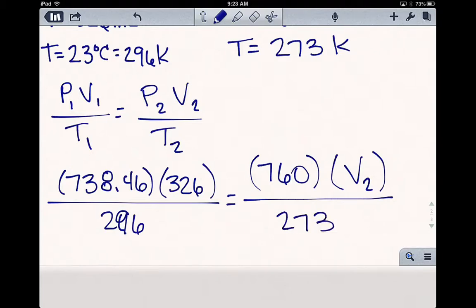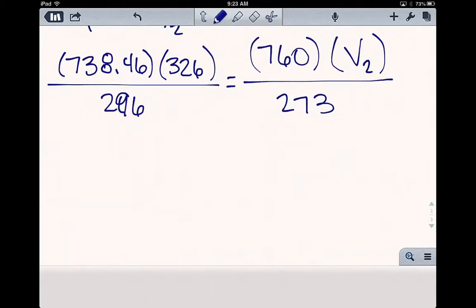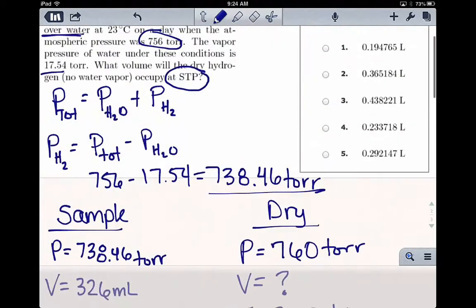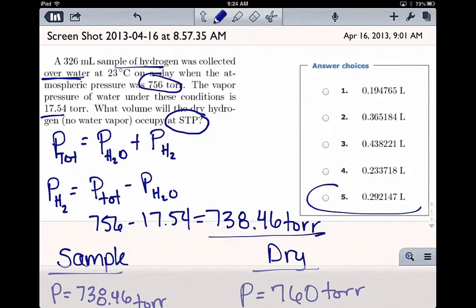Do a little bit of algebra, rearrange, and you should come up with V2 equals, with lots of decimals, because UT Quest doesn't follow sig figs, 0.292147 liters. And remember that our original value was in milliliters, so you just have to make that change to your decimal, move your decimal a few places. So if we scroll back up to the question, looks like option 5.